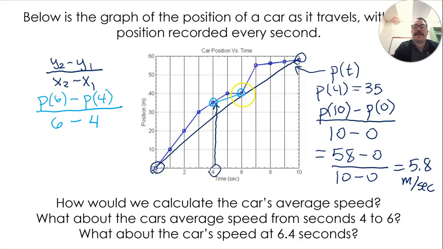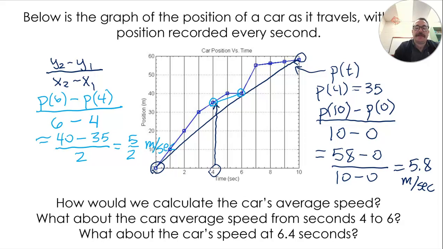So at 6, our car is at 40 meters. At 4, our car is right here at, looks like 35 meters. And then 6 minus 4 is equal to 2. So our car would be traveling at an average speed of 2.5 or 5/2 meters per second from t equals 4 to t equals 6.